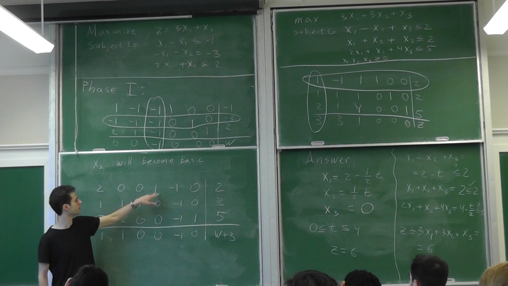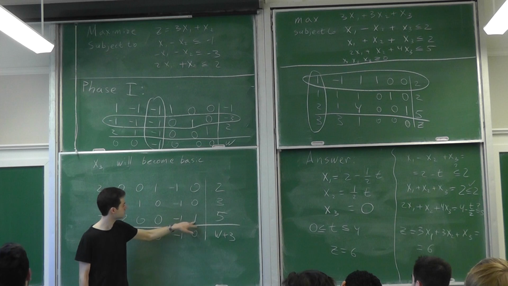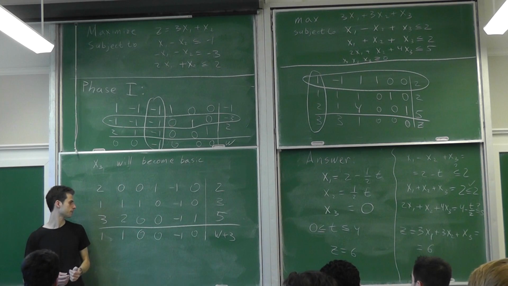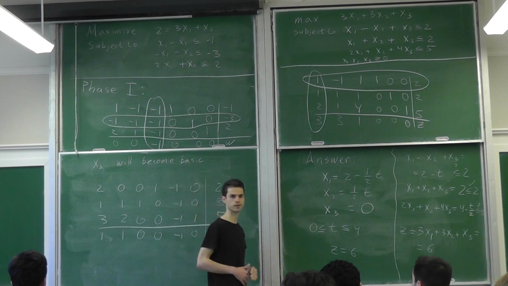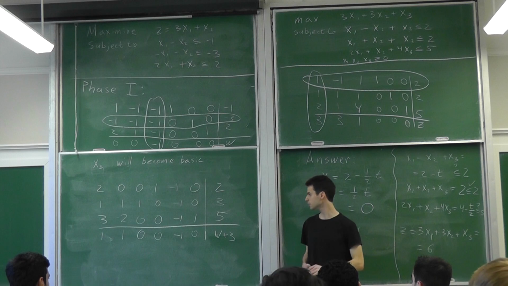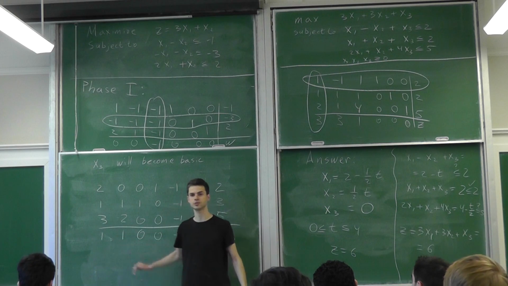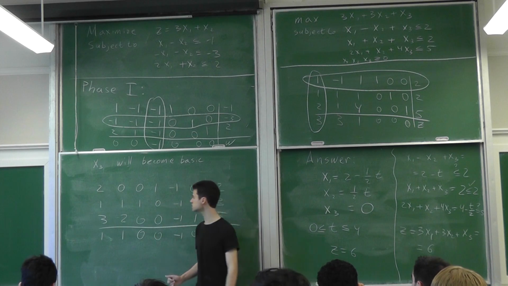So if my x4 is equal to 2, x3 is equal to 3, and x6 is equal to 5, I get some feasible solution. Is it optimal? Well, no. I look at the last row, I see I still have positive coefficients. So I can try to increase one of those.